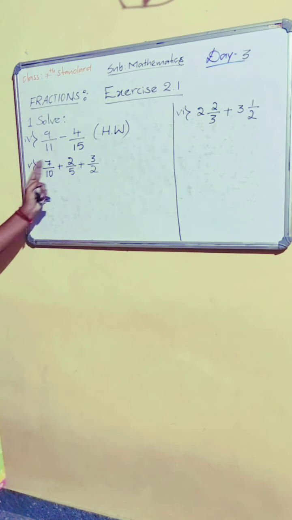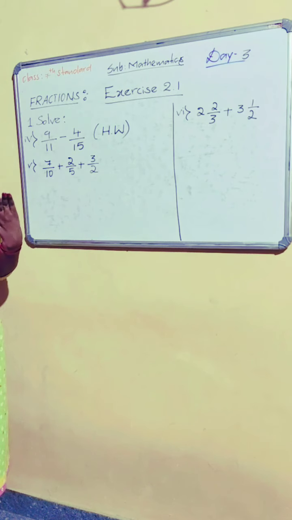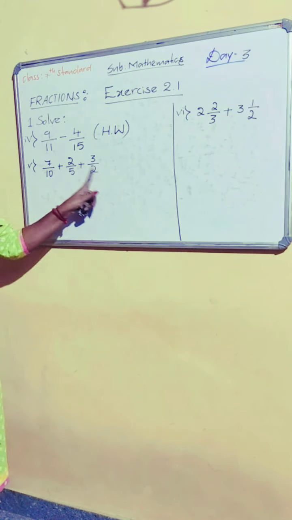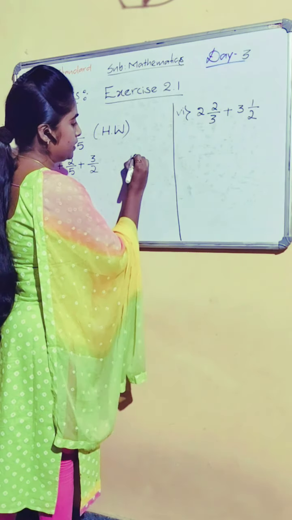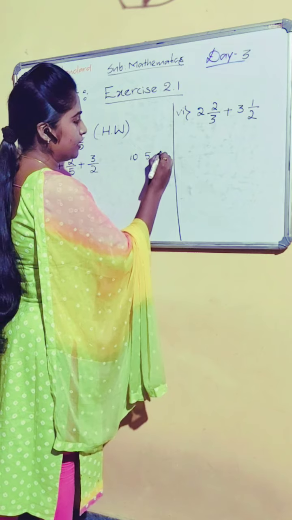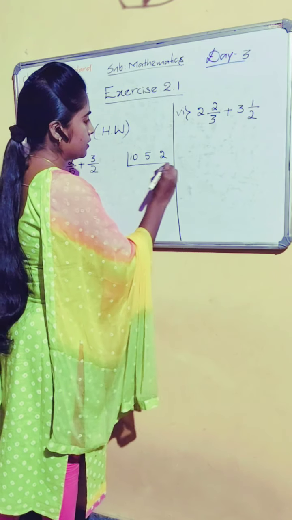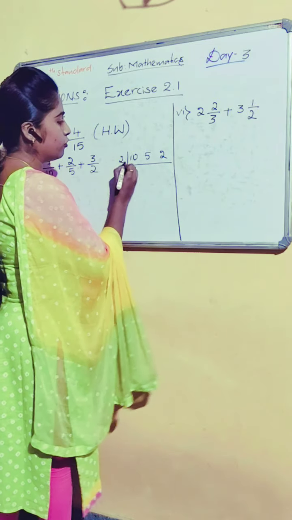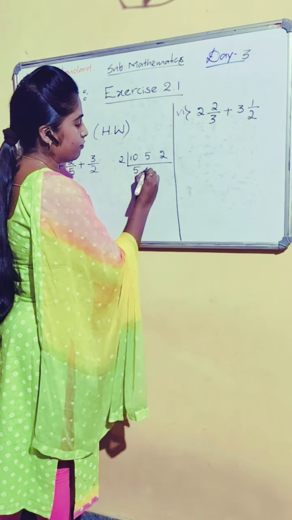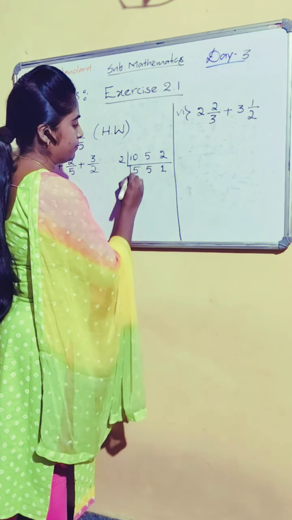If you observe, how many fractions are we having here? 3 fractions. So what will I do? I'll take the LCM of all the denominators, that is 10, 5, 2. So 10 and 2 are divisible by 2, so I'll go for 2. 2 5s are 5 as is, 2 1s are 1.